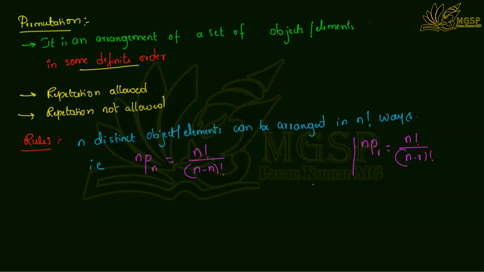So here r is equal to n. In that case, this becomes n factorial divided by 0 factorial. 0 factorial is 1, so this will be n factorial. Done.